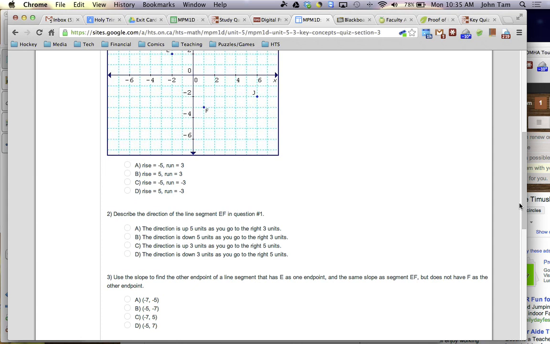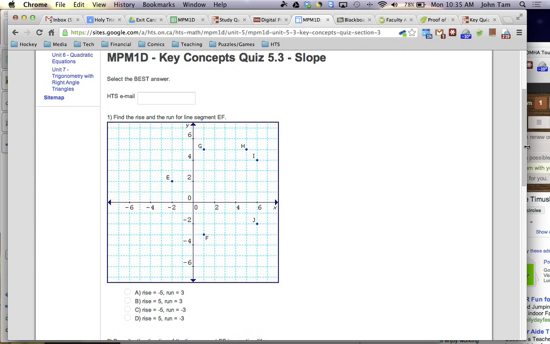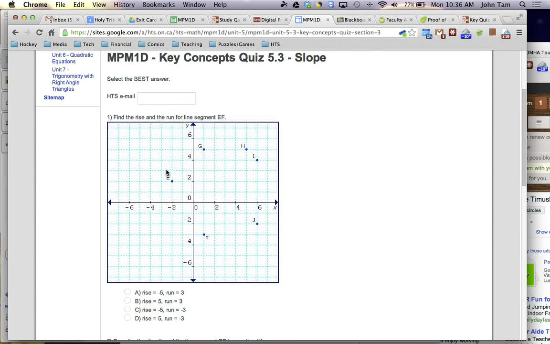So we have point E, which is up here. If this was a line going from E to F, we had a line that went through these 2 points, so who's got that ruler? Okay, we had a line that went through here.